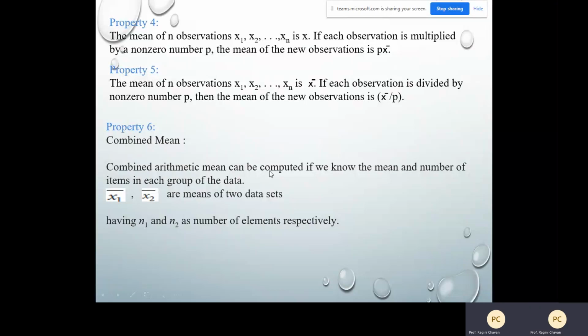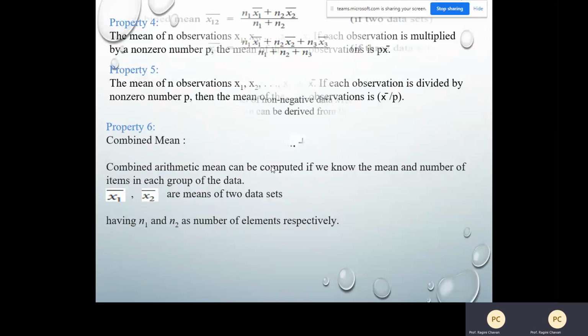Now the sixth property, that is the combined mean property. Combined arithmetic mean can be computed if we know the mean and number of items in each group of data. Let's suppose we are having two groups having means x1 bar and x2 bar, and corresponding numbers of observations are small n1 and n2.